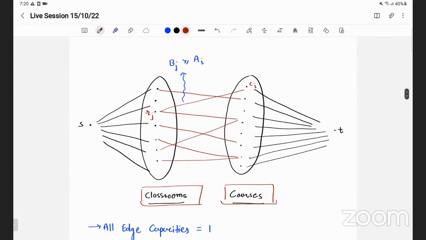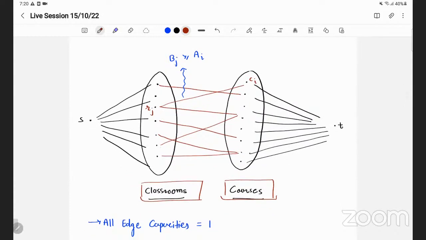There are m classrooms, so there will be m vertices in this first partition. There are n courses, so there will be n vertices in this second partition. How I construct the edges between these two partitions will depend on the last condition: if the jth classroom R_j has the capacity to accommodate students of the course C_i, that means B_j is greater than or equal to A_i, then I will add an edge between R_j and C_i.